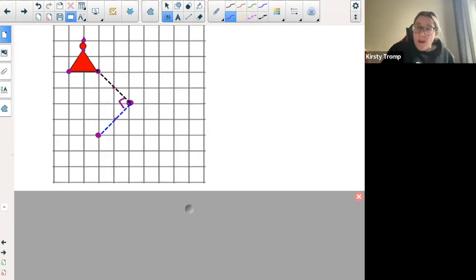Now that I've rotated one point, can I go and draw my new drawing? Yes, I can. What you could do if you really wanted to is go to each point and rotate it from there, but that's really complicated. So I'm going to say to myself, from that point to my next point was 2. I'm joining that up. From that point to the top of my triangle took me to about there.